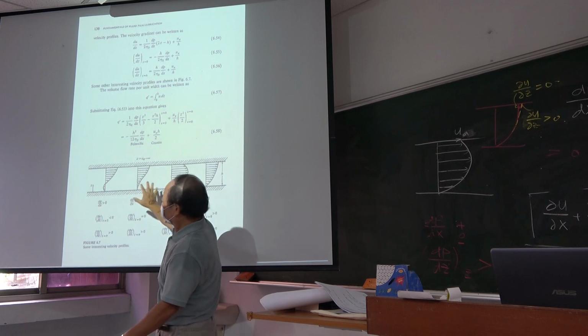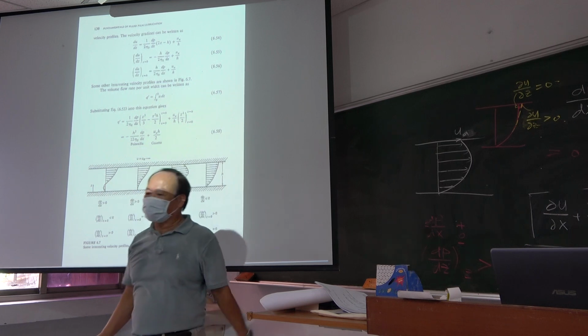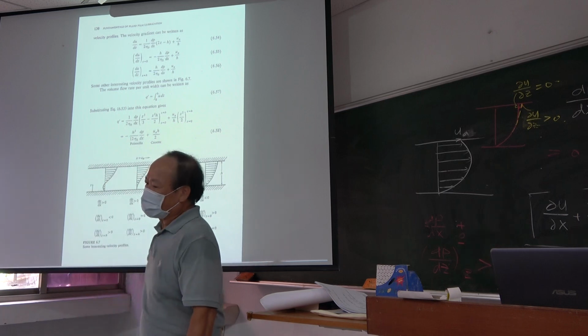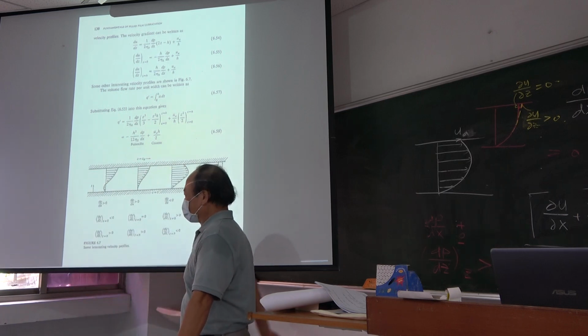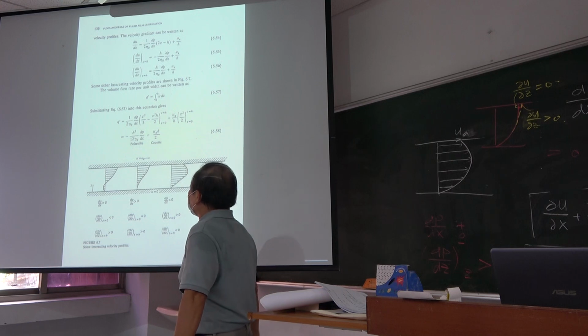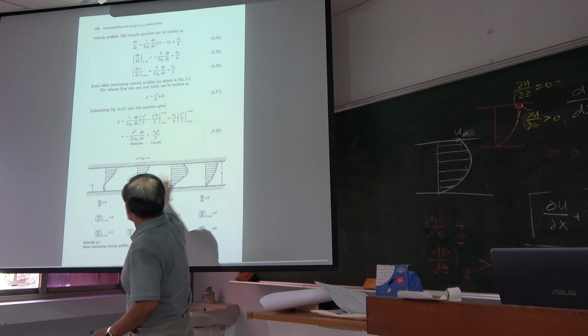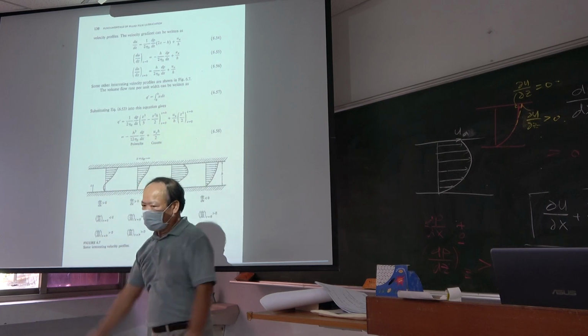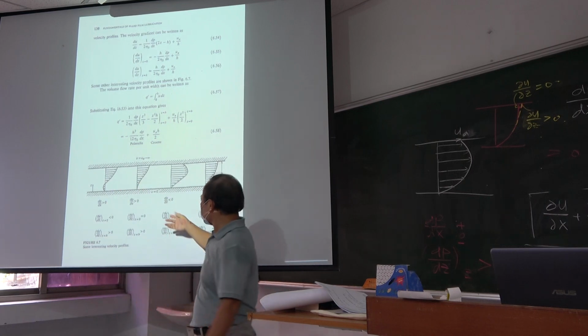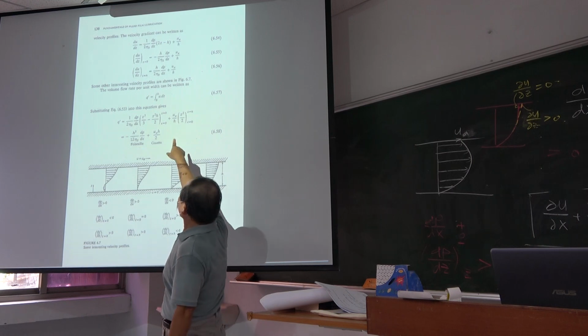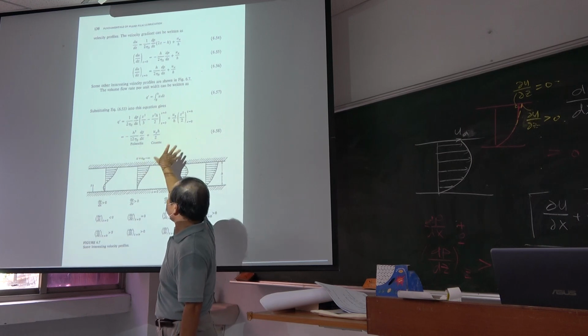One of these four kinds of profile may be in your flow channel, in your flow behavior. 这是我们经常会碰到的4种profile的形式。But here, we just solve the velocity profile.